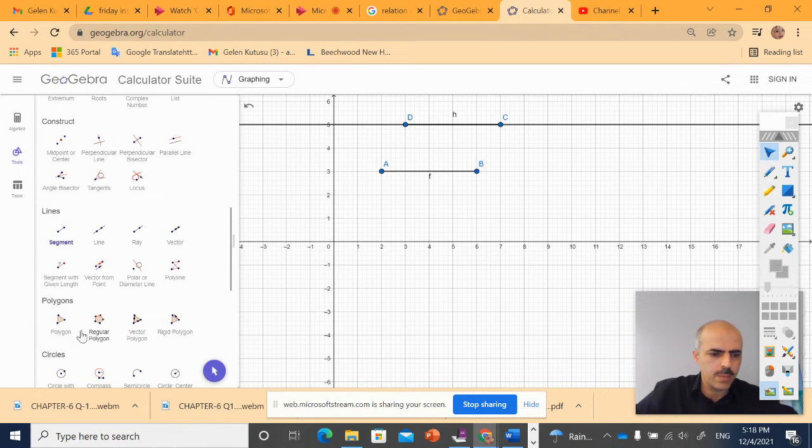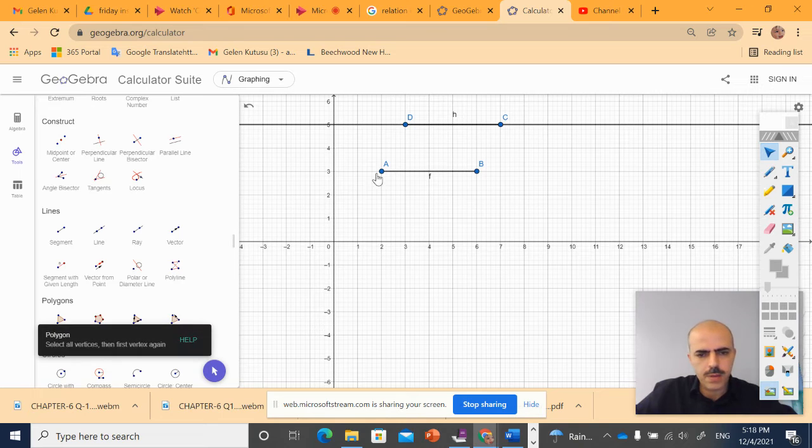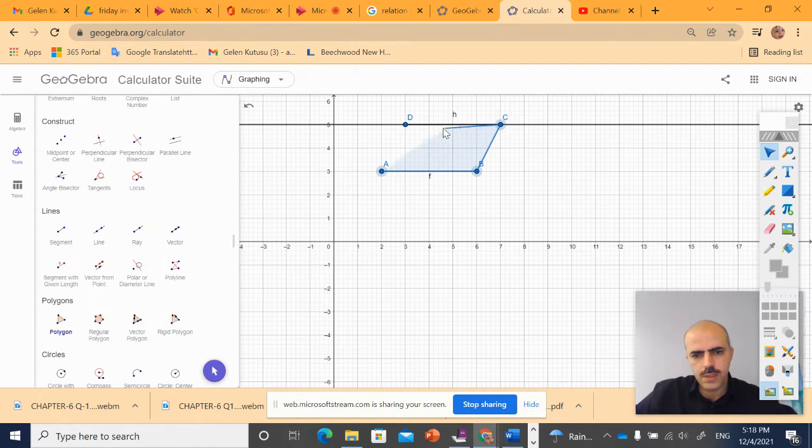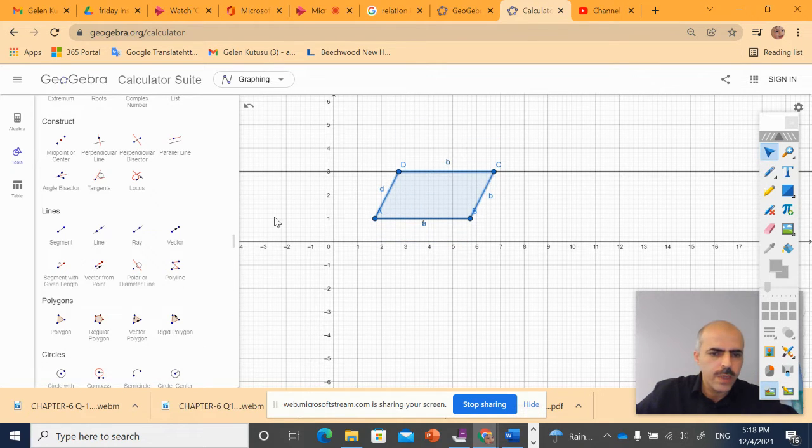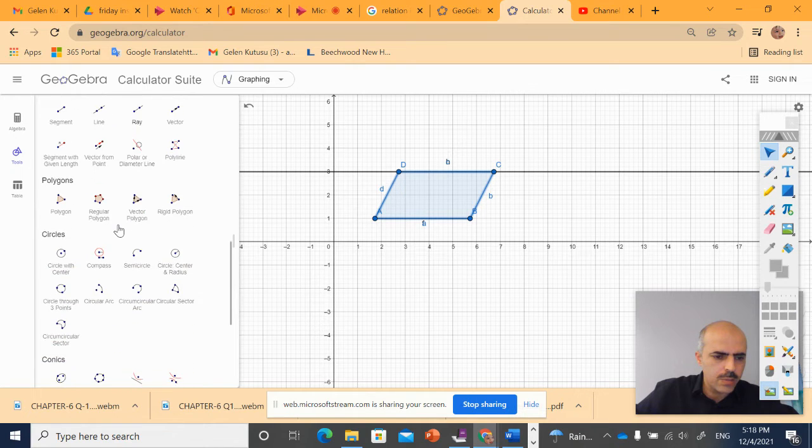Now I can make my polygons. I'm just making my polygons from A, B, C, D, and again A. Now this is my polygon. This polygon I can just bring here a little bit more clear. And this line segment I don't need anymore.